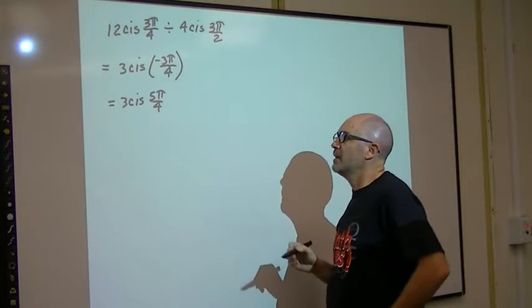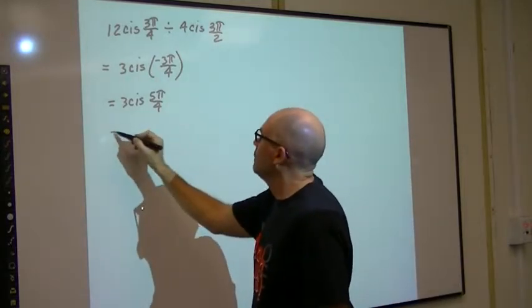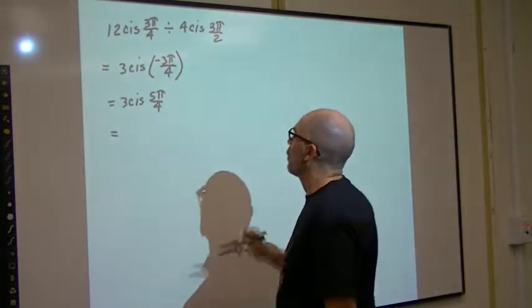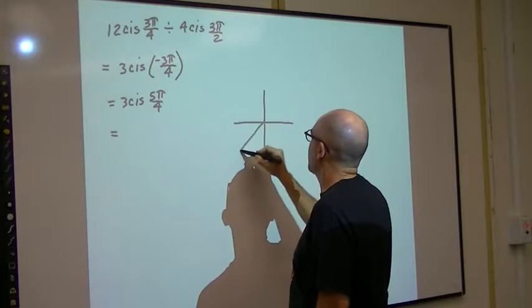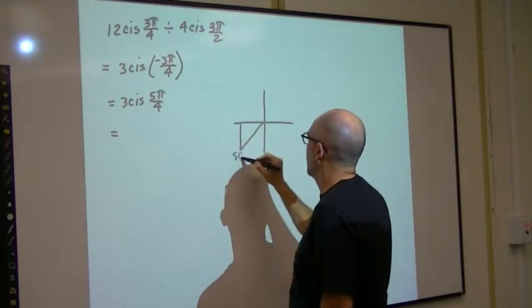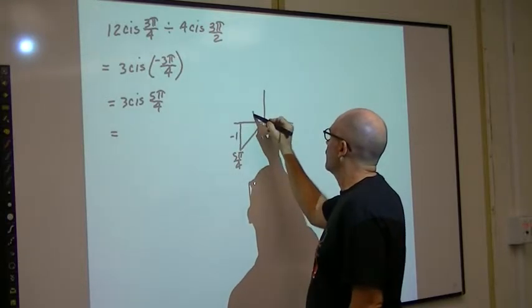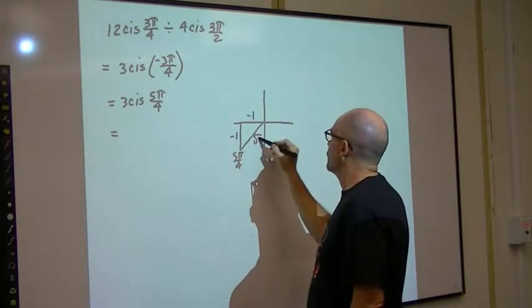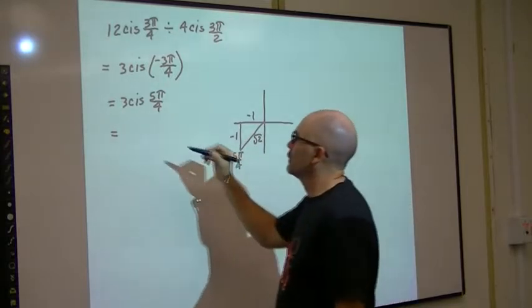Now, what is that in rectangular form? That would be cosine 3 pi over 4. Remember, here's your 3 pi over 4 right here. And so this is negative 1, and square root of 2. So the cosine is negative square root of 2 over 2.